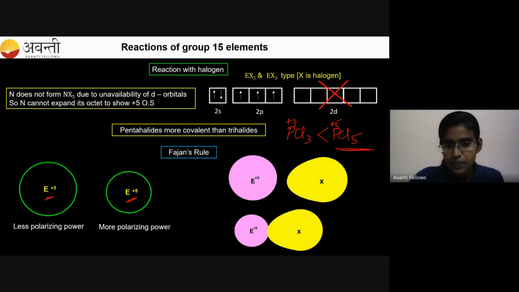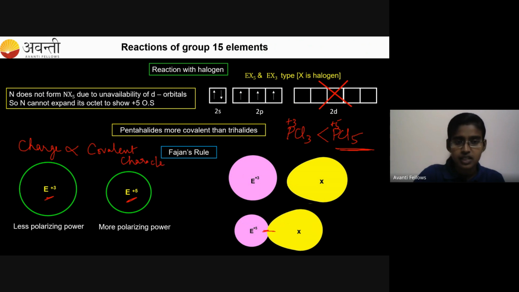So here you can see the bond is not formed that much, but here bond formation occurs. So +5 is more covalent compared to +3. Okay. If the charge is more, covalent character is more. Charge is directly proportional to the covalent character. This is one among the 3 rules of Fajan's. In class 11, you might have come across this as the second rule under that.